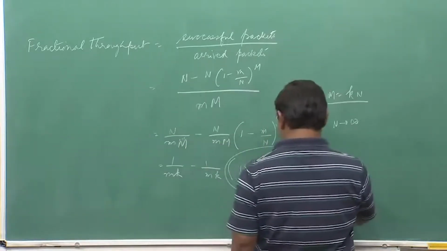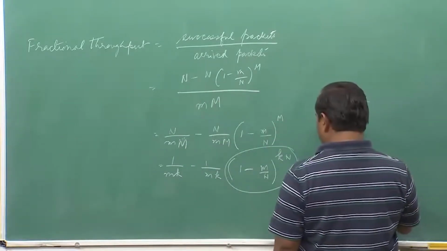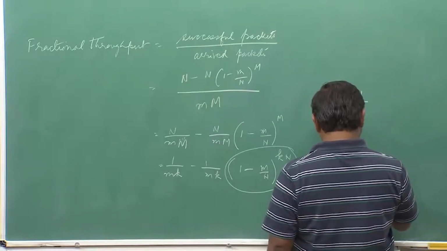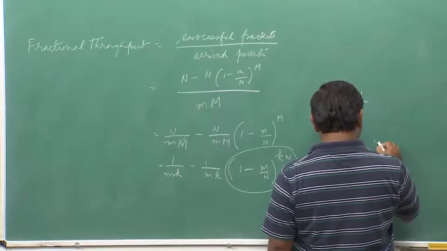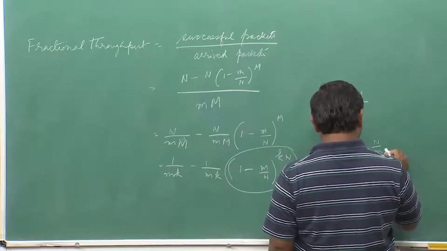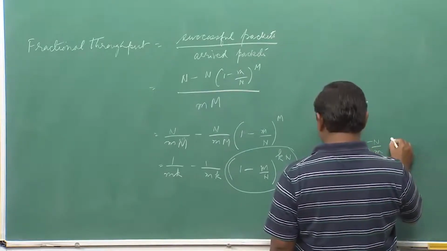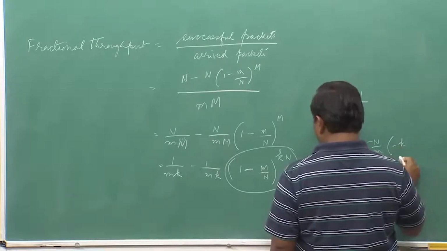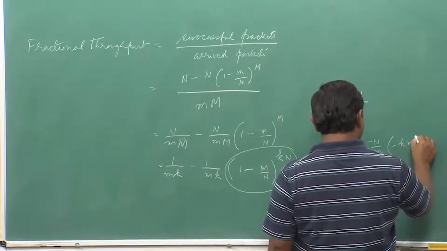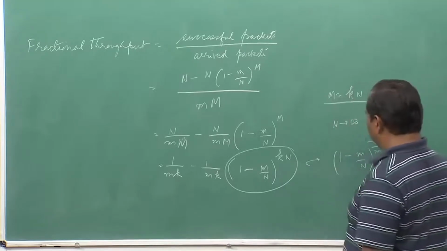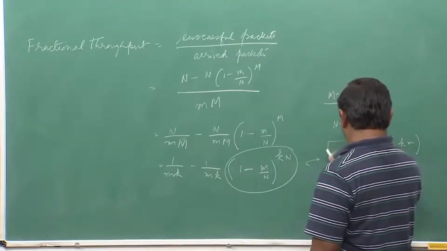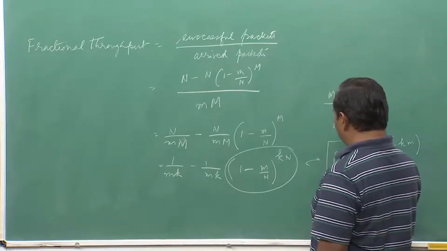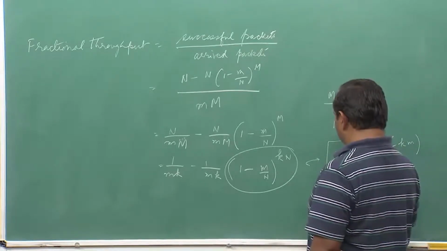So, I can write this as 1 minus m by n raised power n by m minus km. In fact, we can see this particular factor will be nothing but, when n goes to infinity, it will get converted to e.